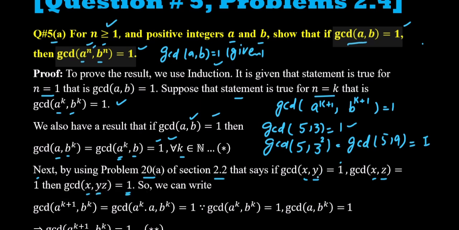There are only three integers in this property, x, y, z. One of them is common in both, that is x. So the common number remains the same, and we multiply the second numbers in both. This becomes yz. So the final result, GCD of x and yz, will be equal to 1.